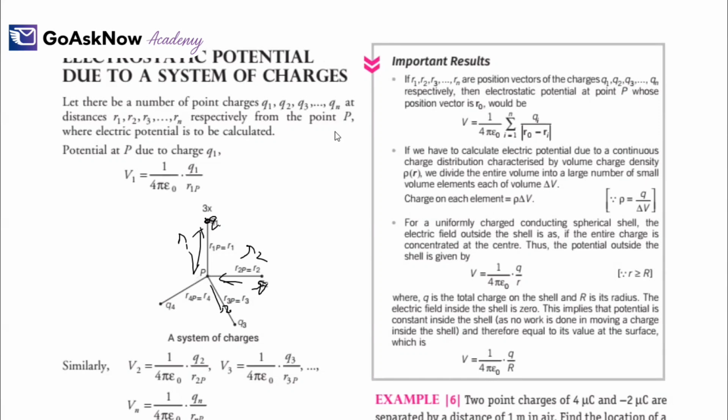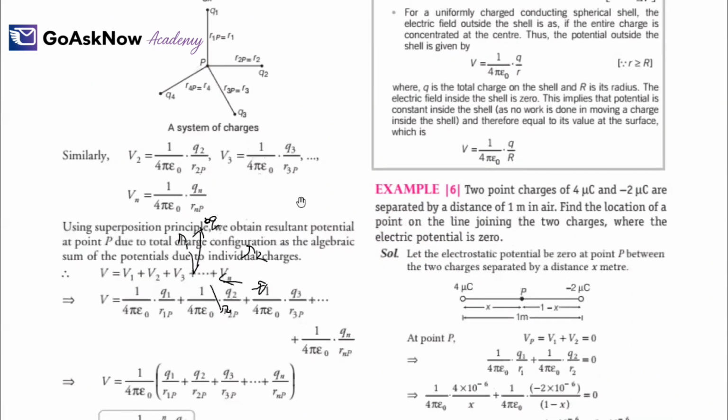Okay. So let's move further and see what the superposition principle is here. If we obtain the net potential at point P due to the total charge configuration as the algebraic sum of the potential due to individual charges. So if you calculate the net potential here, V will equal V1 plus V2 plus V3 plus dot up to Vn, because it is a scalar quantity, so we directly add them.